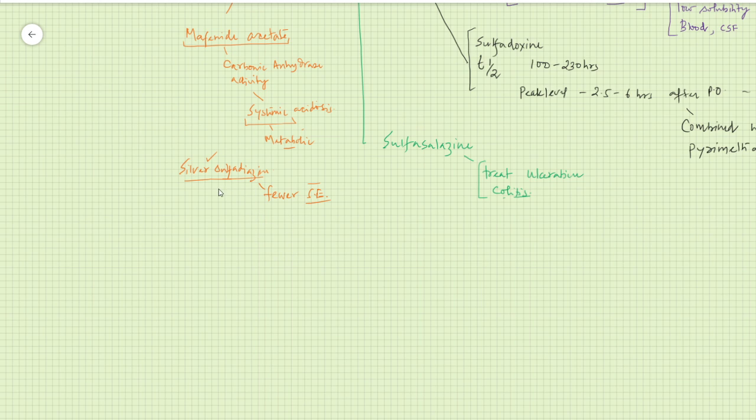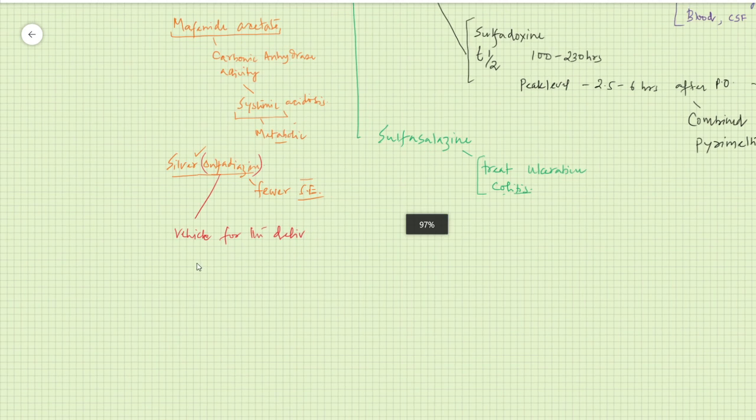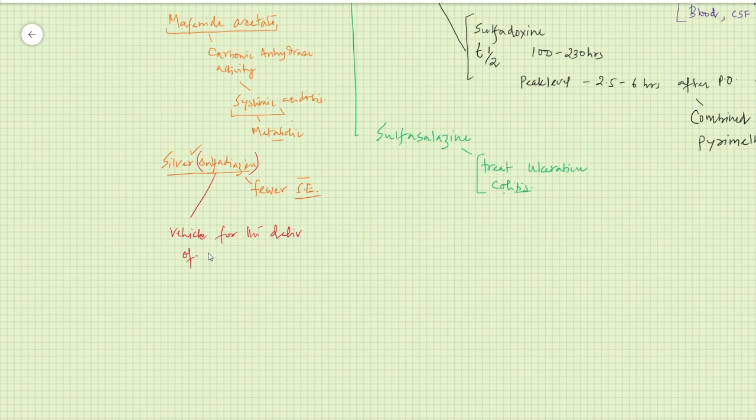Okay. So the point to remember here again is that sulfadiazine basically acts as a vehicle. The sulfadiazine moiety acts as a vehicle for the delivery of silver ions. It is the silver ions that have got antibacterial activity.